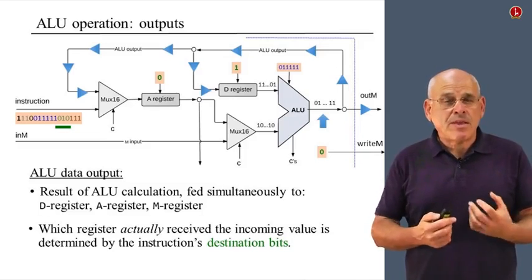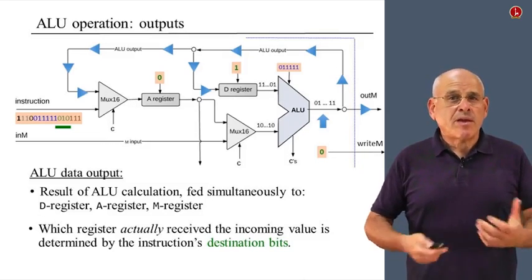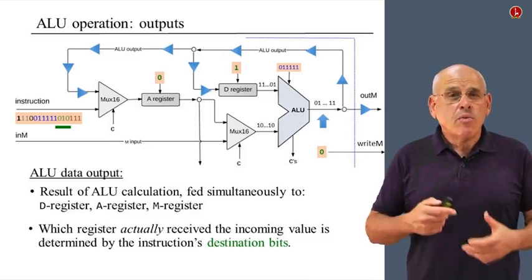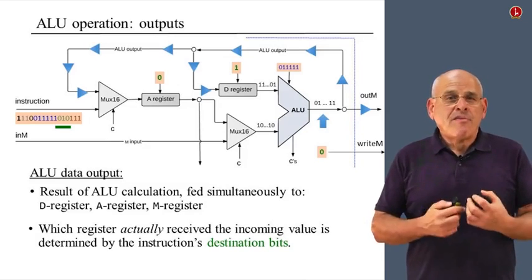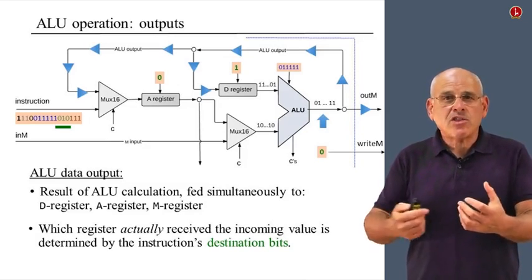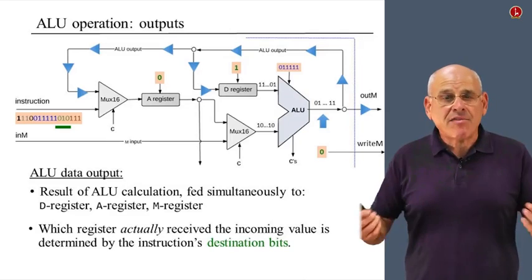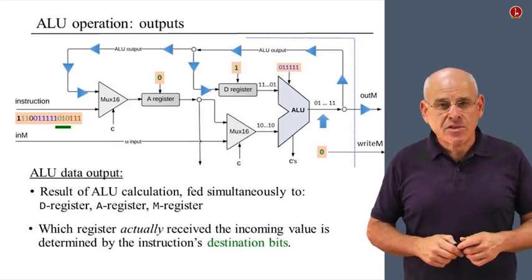So we can play with these bits as we've done in week 4 when we wrote programs. Although we did it in assembly and in symbolic way, we can do it with machine language. And once again, we have a way to program this architecture so that the ALU output will be selectively absorbed by different locations in this architecture.